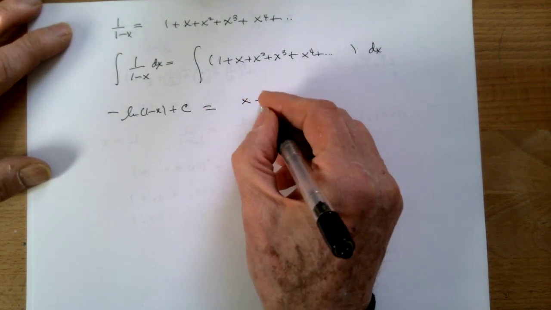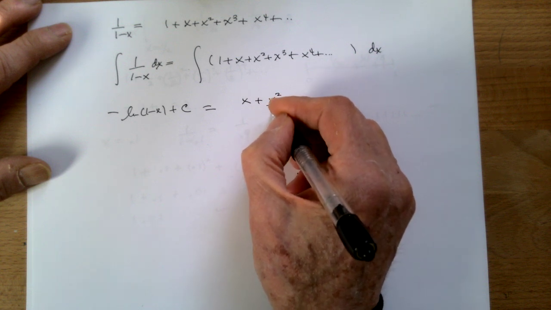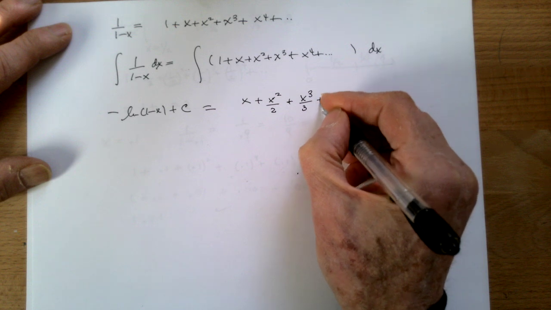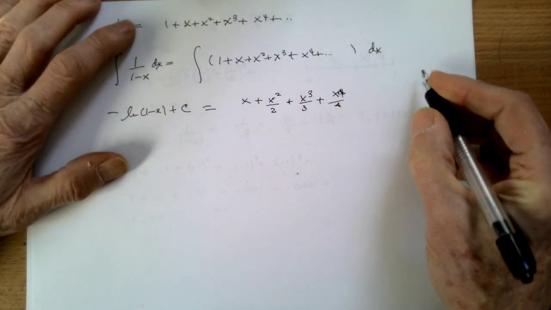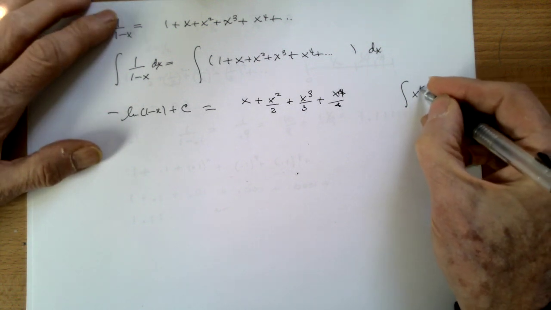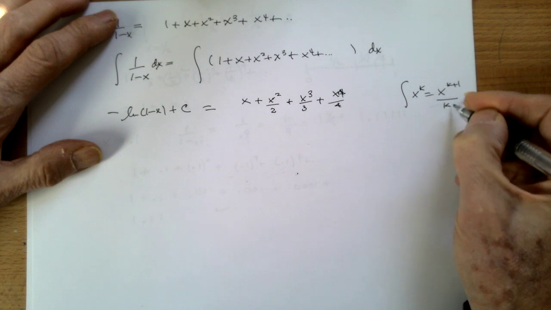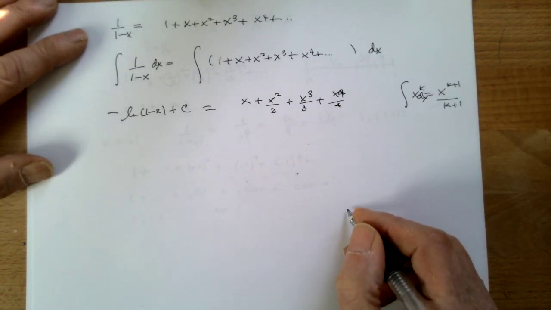We get x plus x squared over 2 plus x cubed over 3 plus x fourth over 4, where I'm using the fact that the antiderivative of x to the k is x to the k plus 1 over k plus 1. Okay?